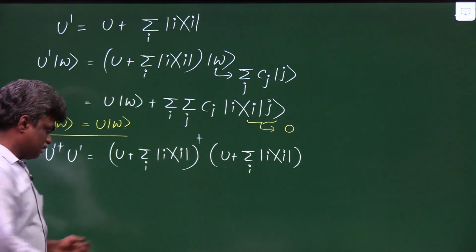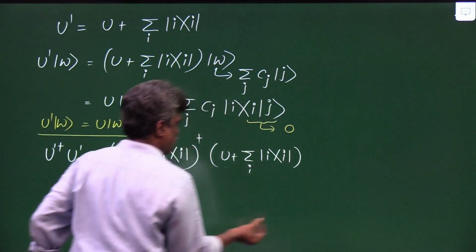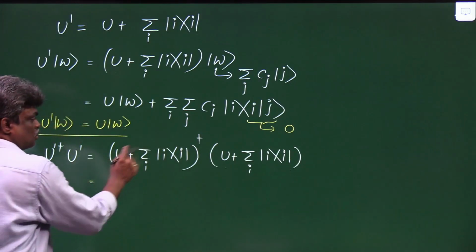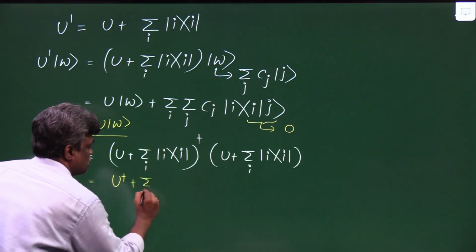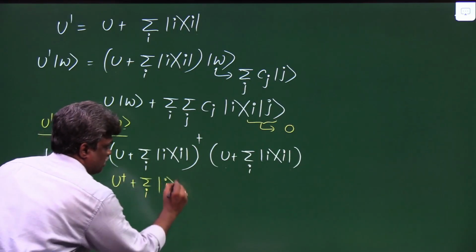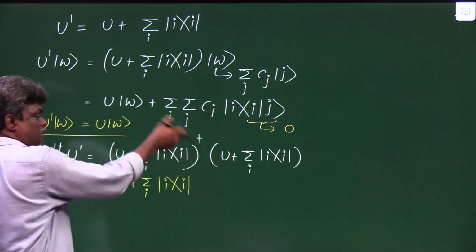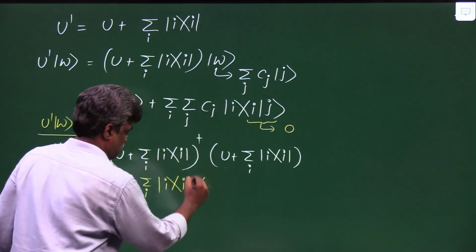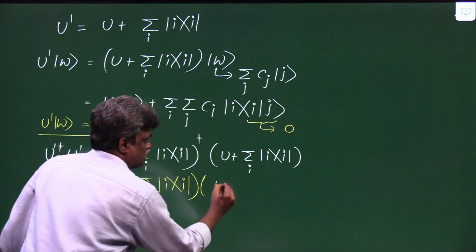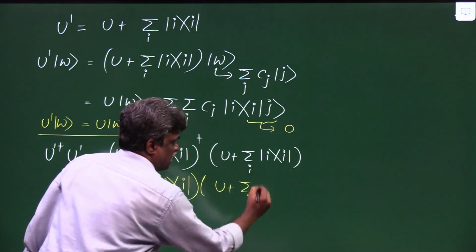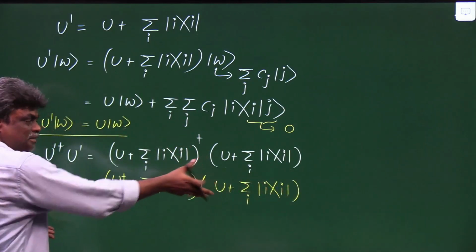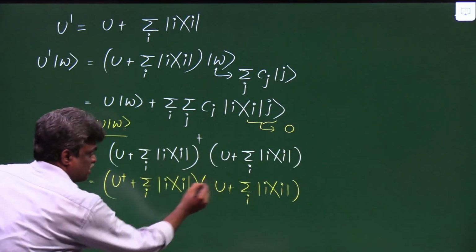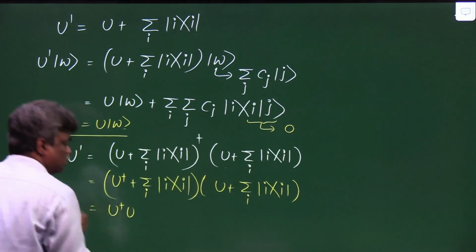Now just multiply. It's a small multiplication only, no need to get tension. First let us apply the dagger: u dagger plus summation over i. Of course, this remains the same; bra will become ket, ket will become bra. Now multiply, first into first: u dagger u.